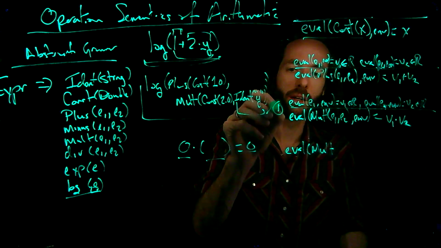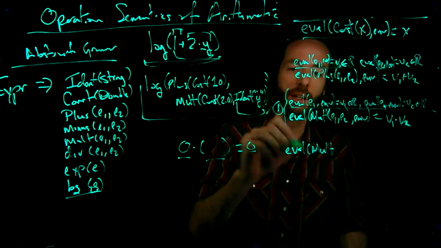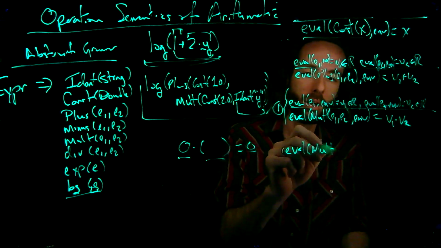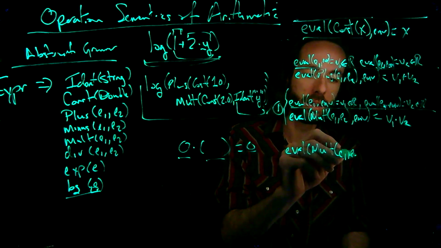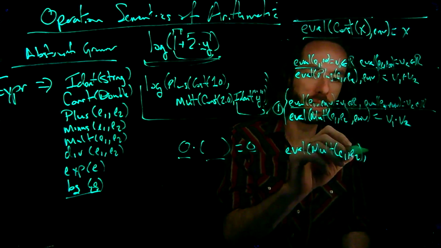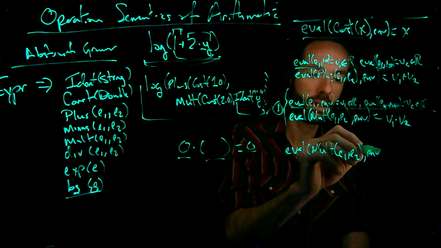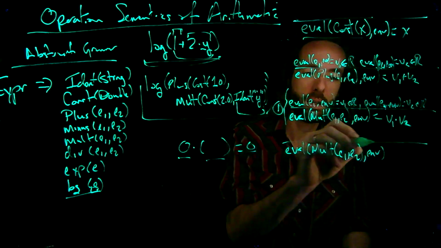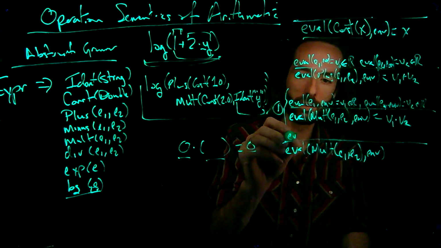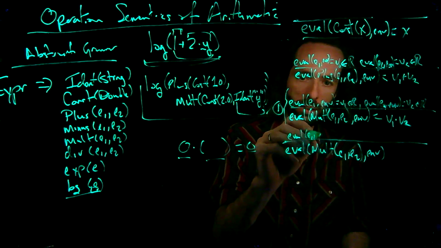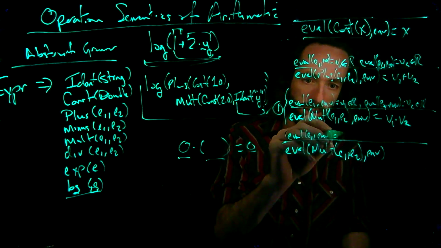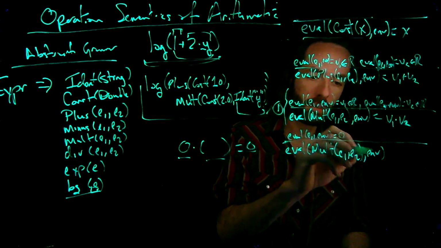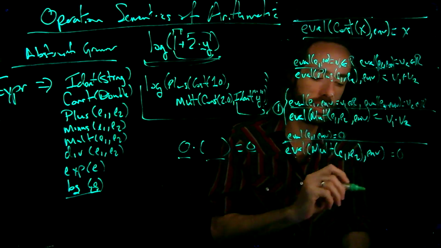So I could do number 1 as my definition of multiplication, or I could do something like this: mult of e1 and e2 under an environment. Well, if eval of e1 is 0, then let's just return 0.